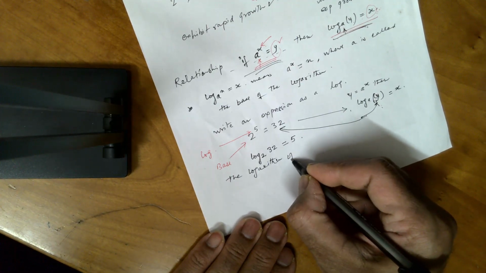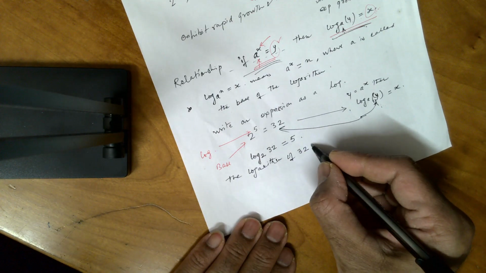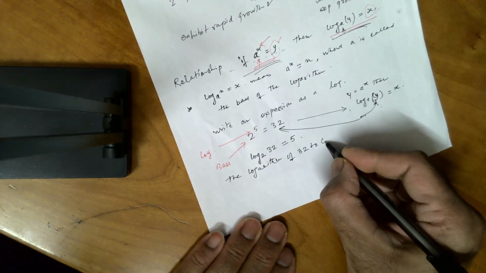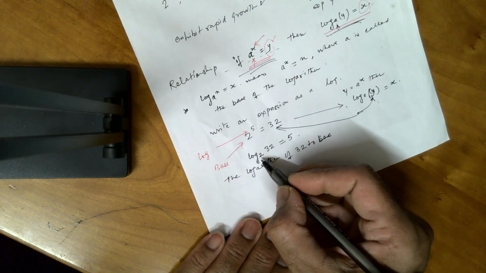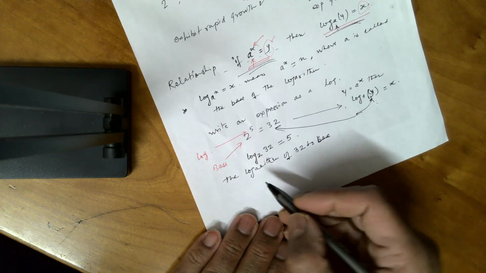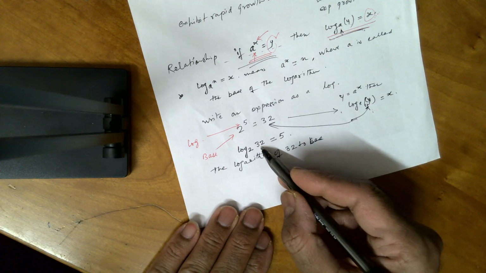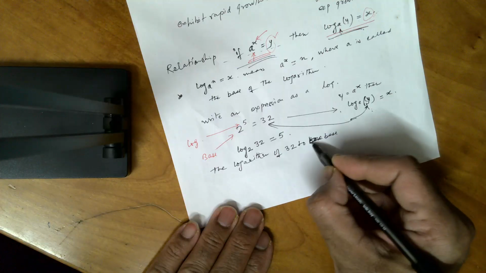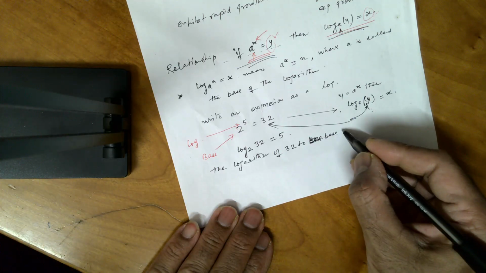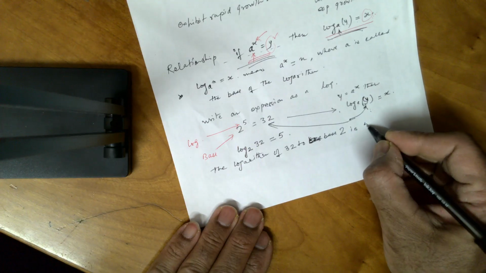Generally you say log base 2 of 32, but if you want to say it the correct way, you can say the logarithm of 32 to base 2 is 5.